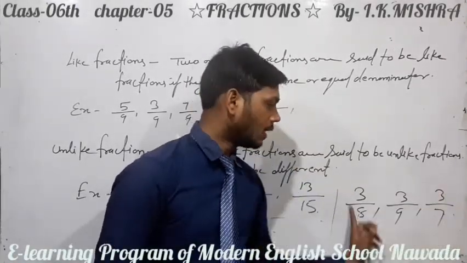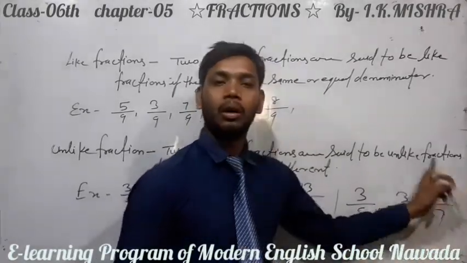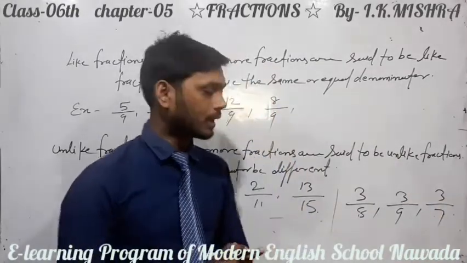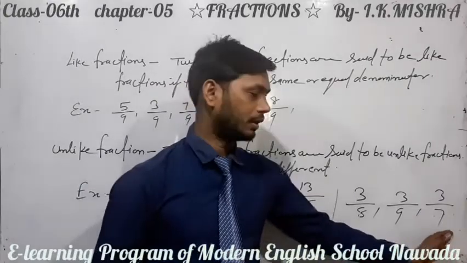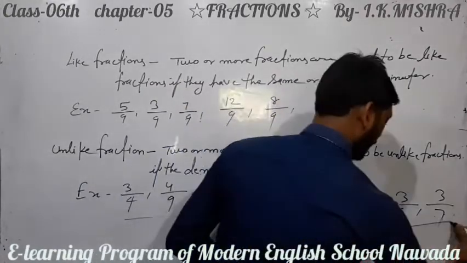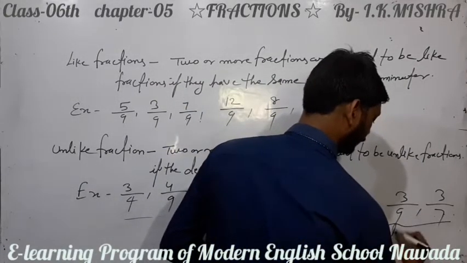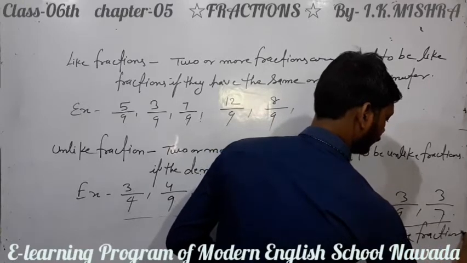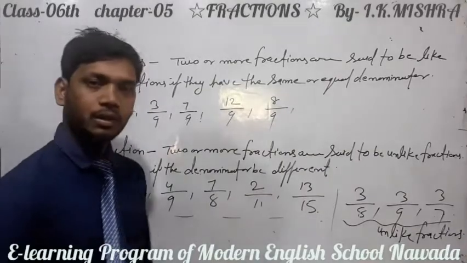But all of these are also unlike fractions. That means unlike fractions are those fractions having different denominators. So clear, students? Like and unlike fractions.